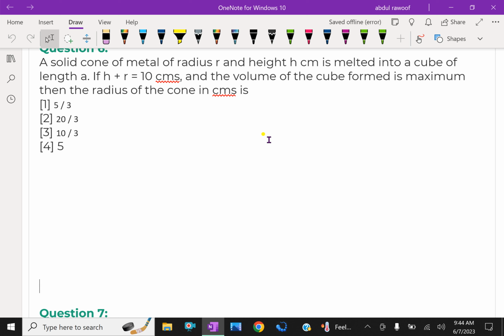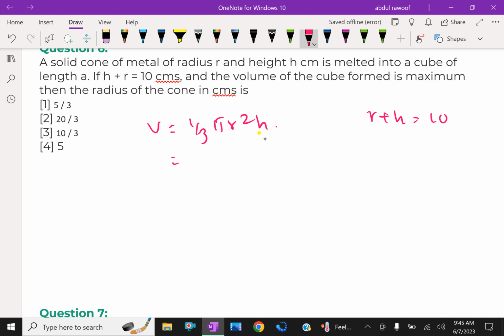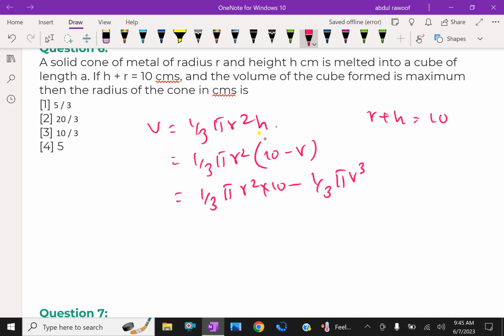That is V equal volume of the cone is 1 by 3 pi r square h. Here r plus h condition is 10. Therefore, 1 by 3 pi r square, h is 10 minus r, which is equal 1 by 3 pi r squared into 10 minus 1 by 3 pi r cube.